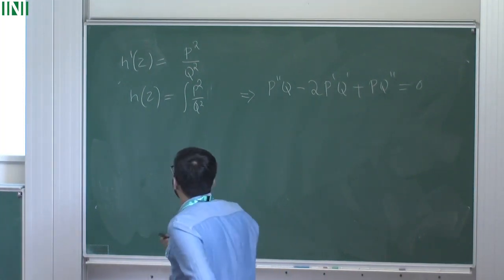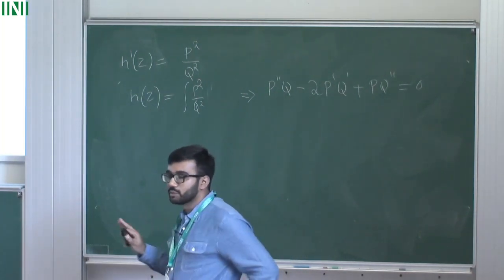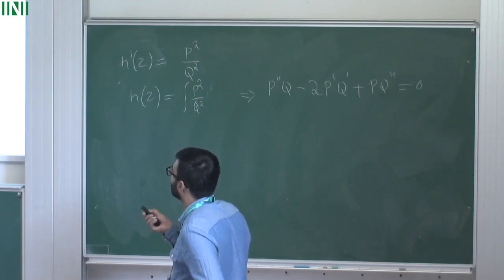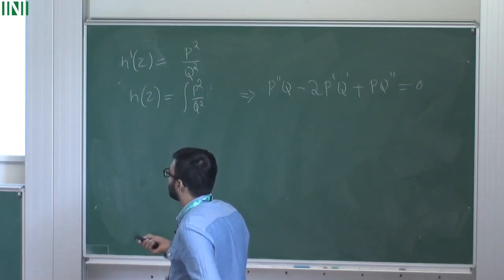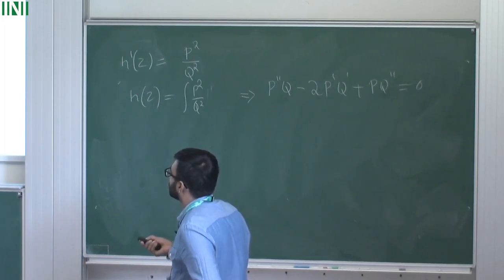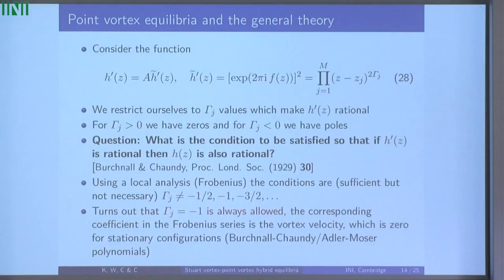But we won't be actually thinking along those lines, but instead what we do is use a local Frobenius analysis for this H prime near each pole, and you can then see that, if you expand it, basically gamma j cannot be minus half, minus 1, minus 3 by 2, minus 2, and so on, because then you will have poles in H prime at those locations.